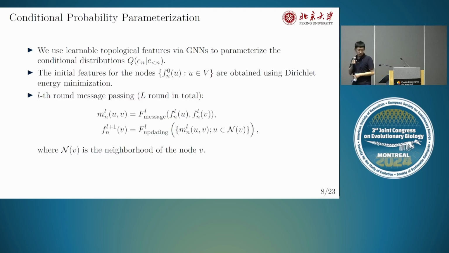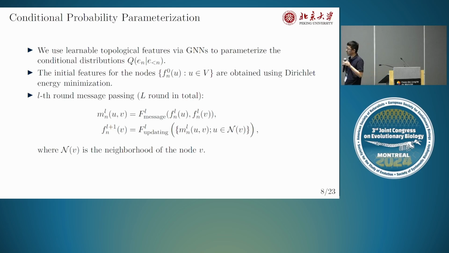As the previous presenter mentioned, for phylogenetic models, there's a very difficult thing to deal with. That is, we only have the information for the tip nodes, right? So if you want to use graph neural networks to parameterize the conditional distributions, the first thing is to find an embedding for the interior nodes.